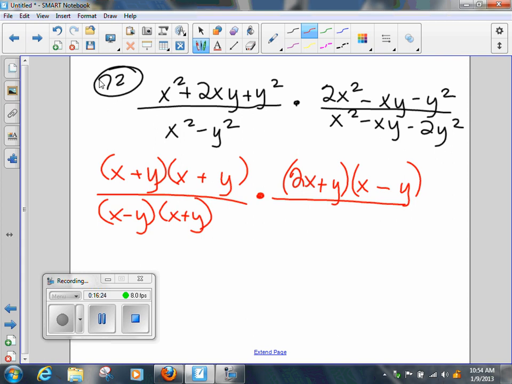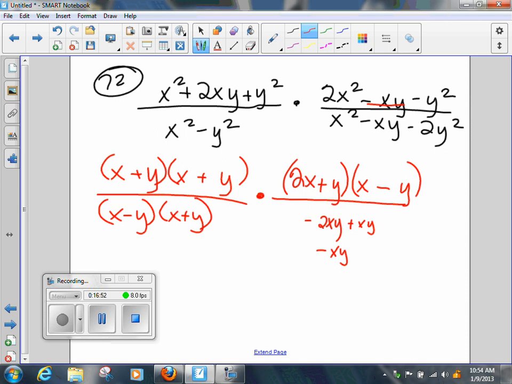Because when I check my middle term, 2x times negative y is negative 2xy. Y times x is positive xy. What's negative 2xy plus xy? Negative xy, which is what I'm trying to get right there. So I'm always thinking, how am I going to get that middle term to work out correctly? That's where I determine where my signs are going to go.